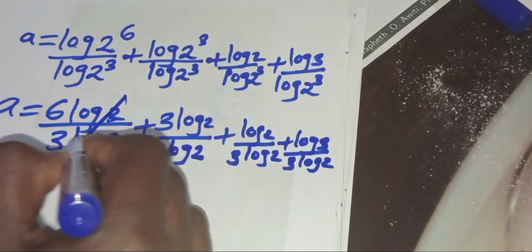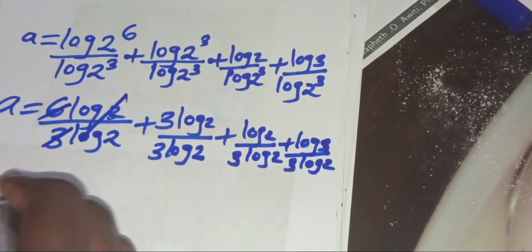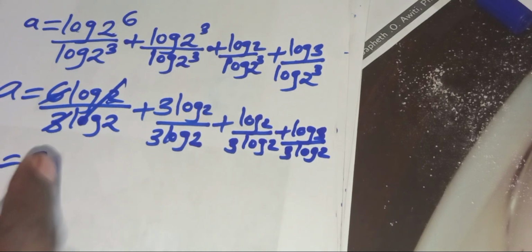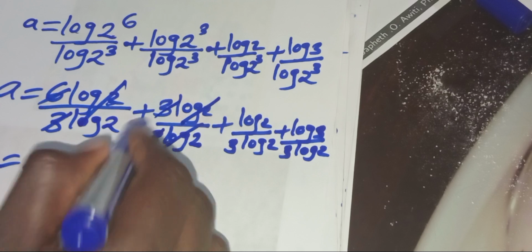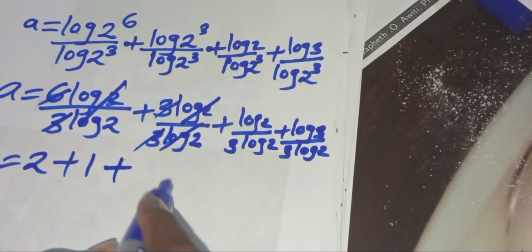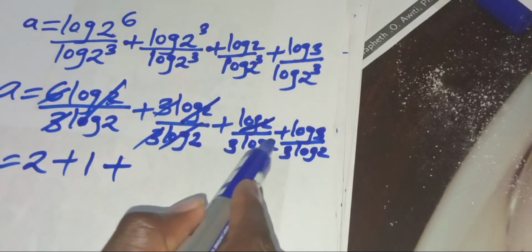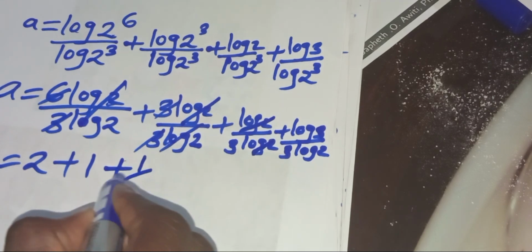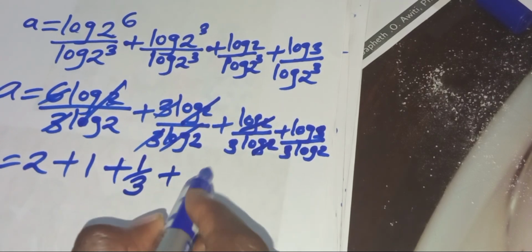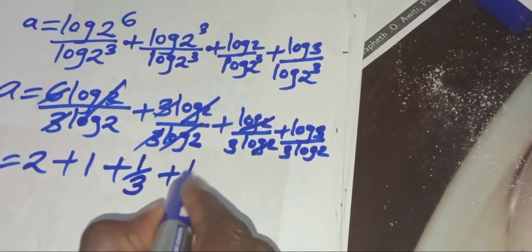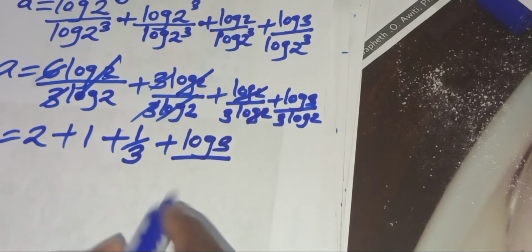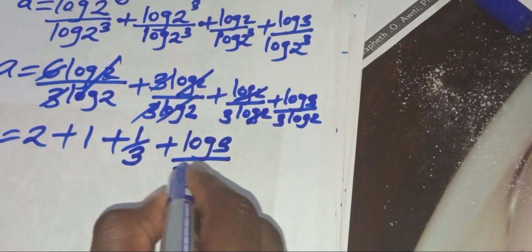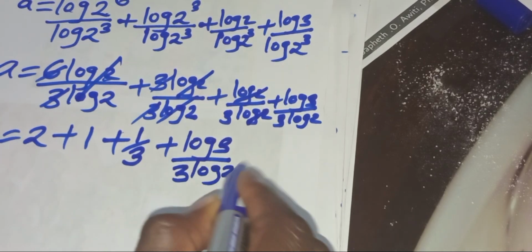Now if we simplify here, a is equal to 2 plus, log 2 and log 2 simplify, so we'll have 1 plus, log 2 and log 2 simplify, so this is plus a third, plus log 3 divided by 3 log 2.